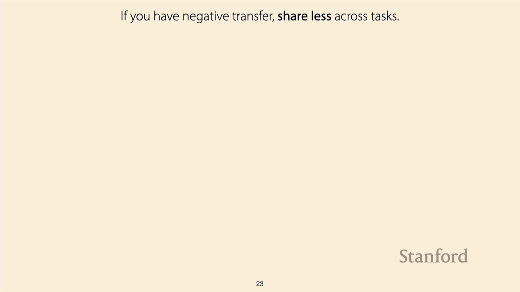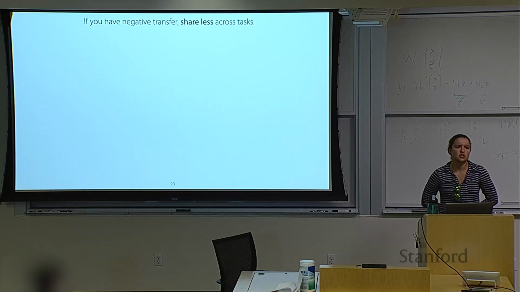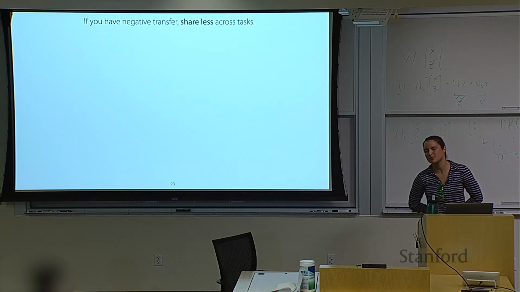Yeah? Are there any methods to determine whether the transfer is going to be positive or negative across tasks? So the question is, are there any unsupervised methods for telling if there's going to be positive or negative transfer between the tasks? In general, you certainly can't without the labels of the task. It's very difficult to tell if there's going to be positive or negative transfer.